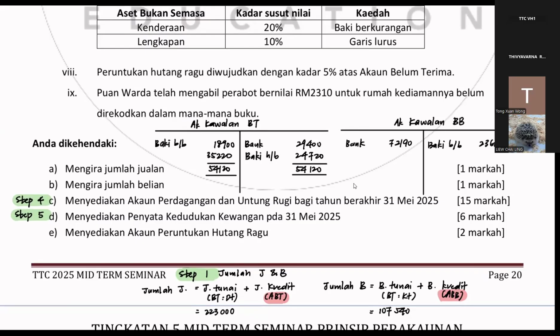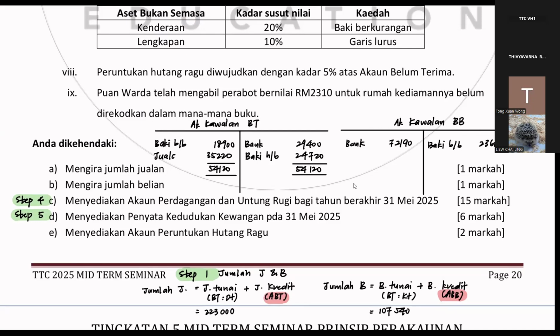Can we write Baki HP here? Are we looking for Baki HP by using account kawalan? No, right? We're looking for our final goal, jualan and belian credit, right? So when you imbang, don't write Baki HP at all.